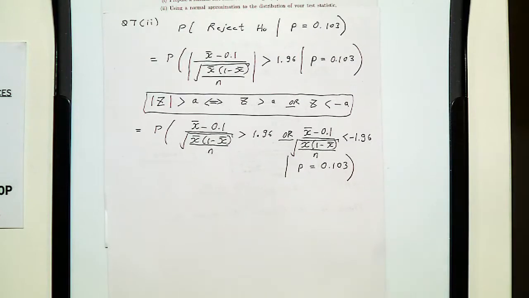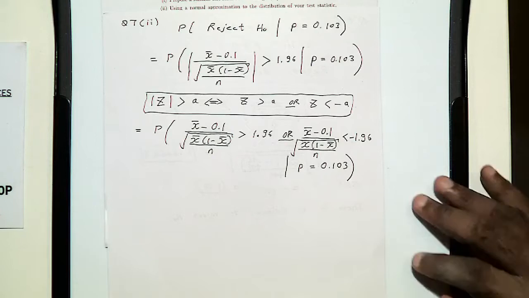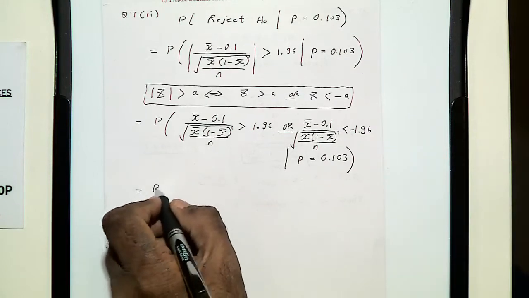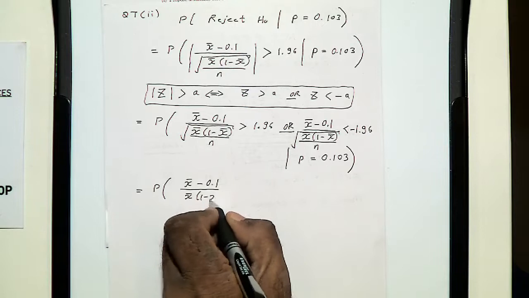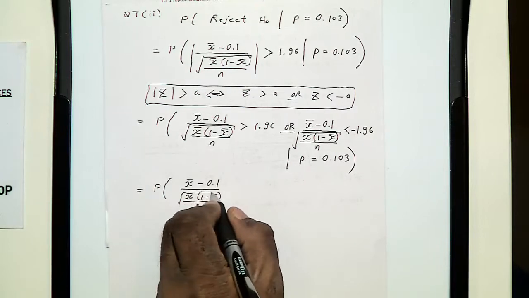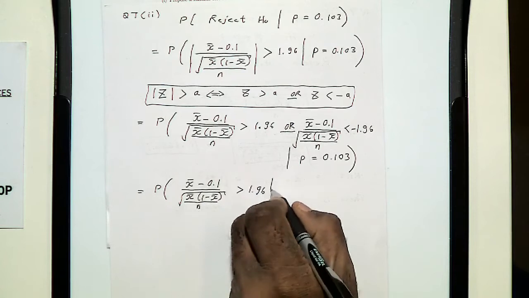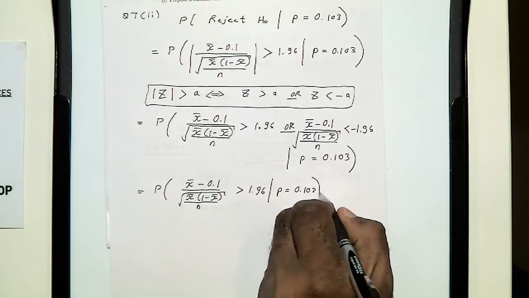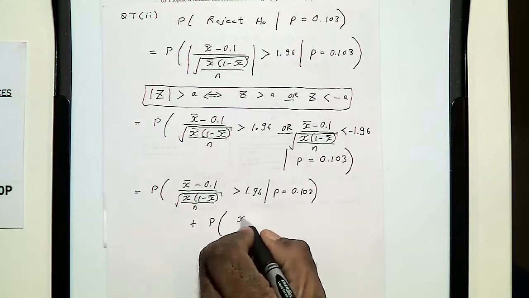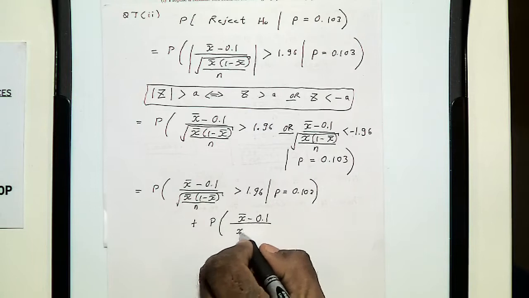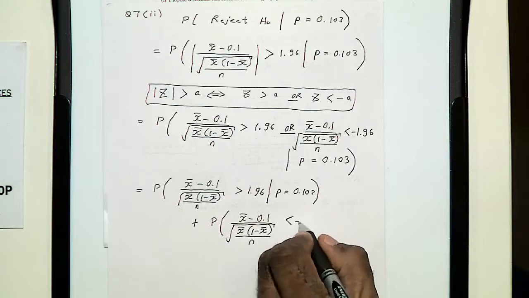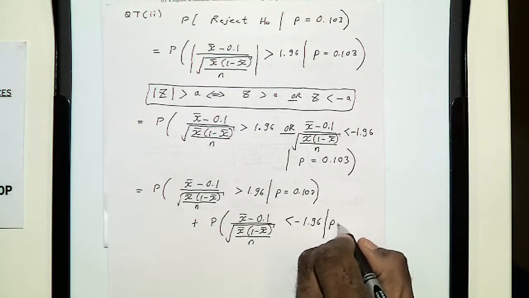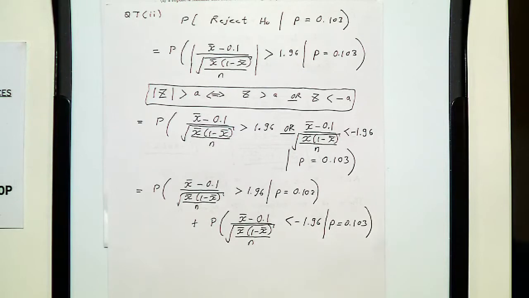So if you have a union of two mutually exclusive events, then the probability of their union is the sum of the probabilities. Right? So you can write it like this.